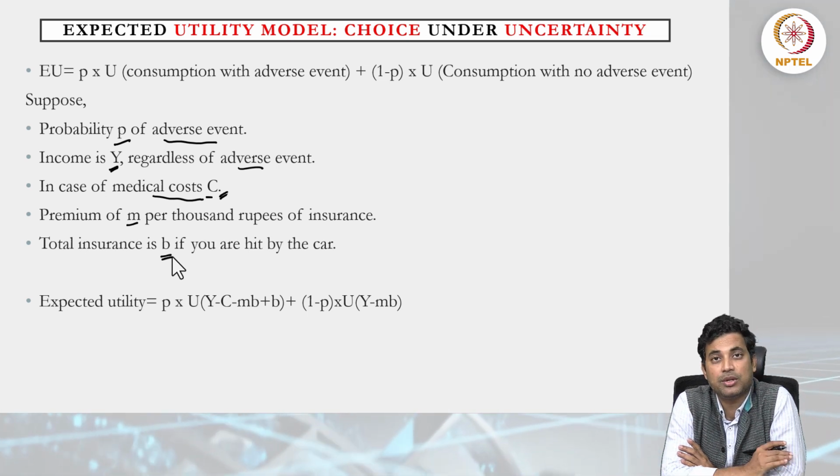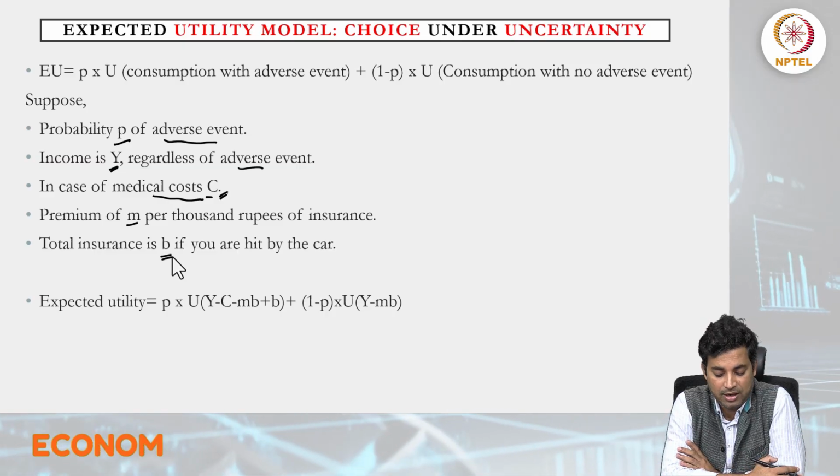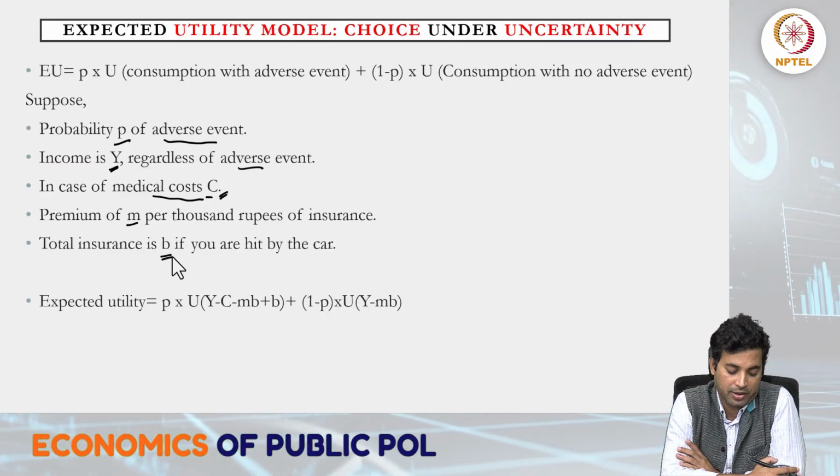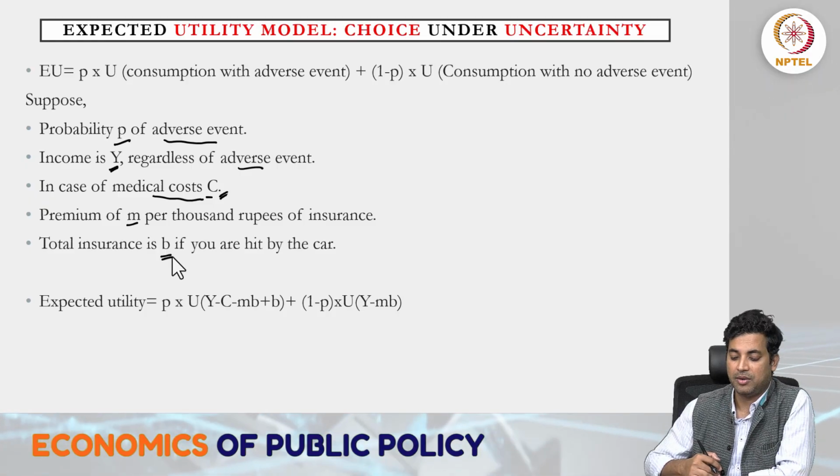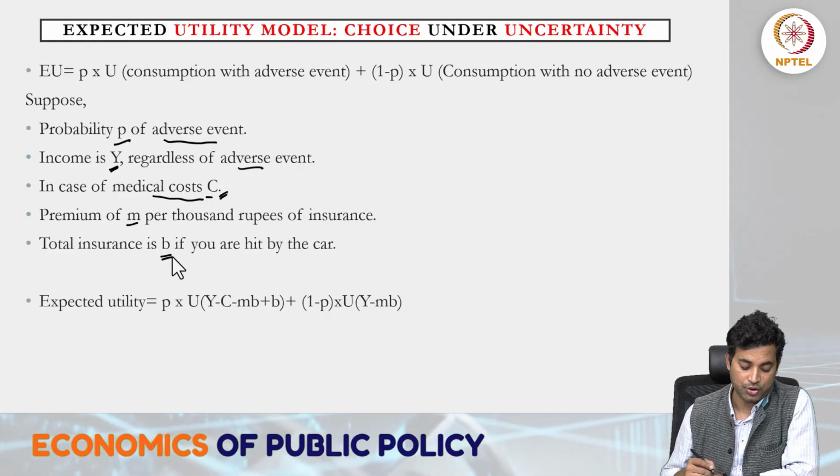So that total insurance amount, the B value, is very important to note down while calculating uncertainty, and when we try to make a choice out of it.